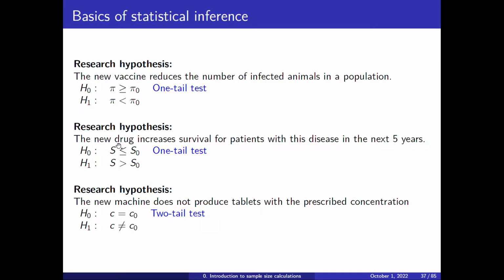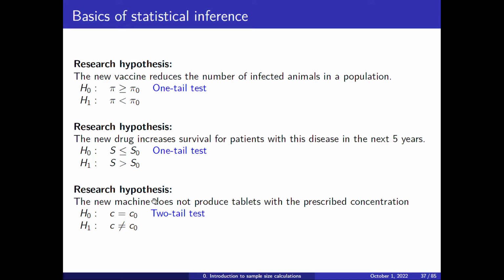Or you want to show that a new drug increases the survival of patients with this disease in the next 5 years. So the survival is larger than something, and the null hypothesis is the opposite, that it is smaller or equal to this value.